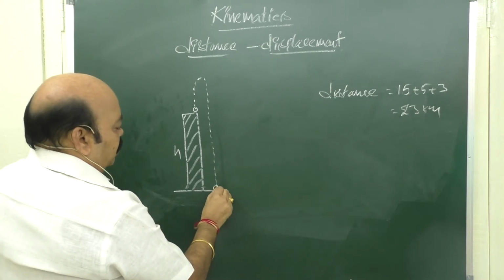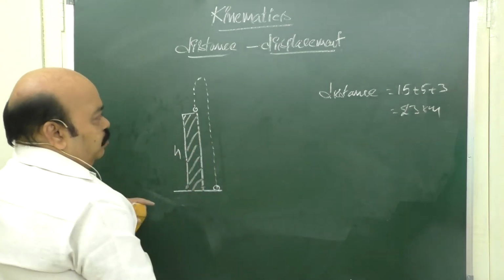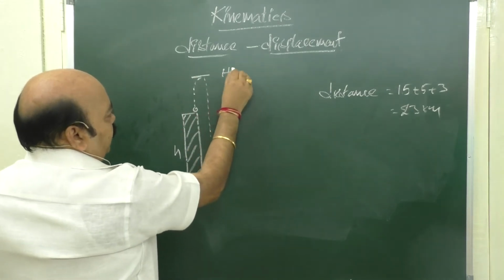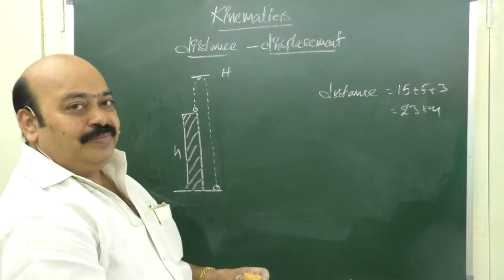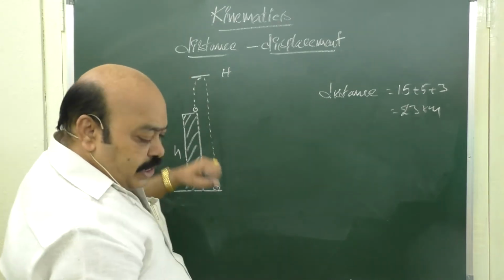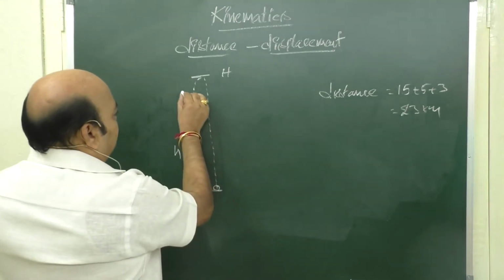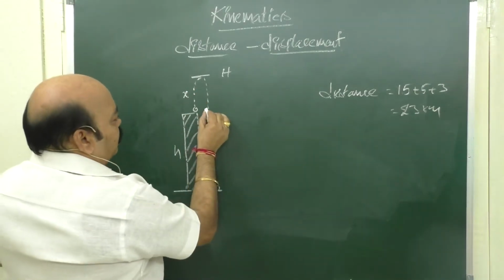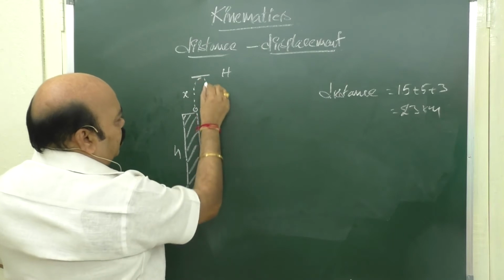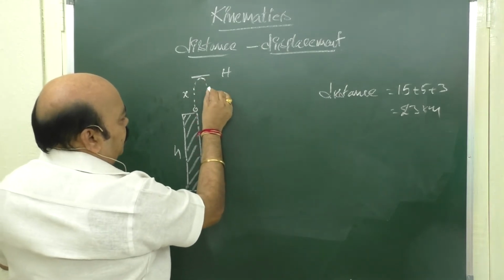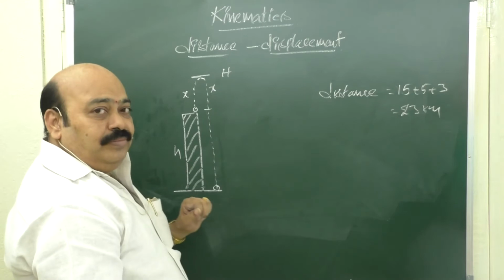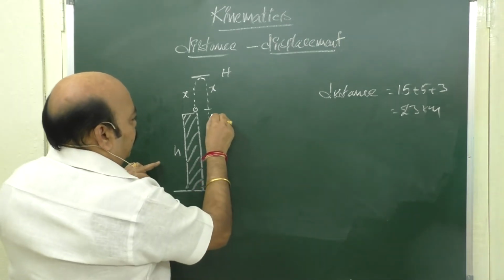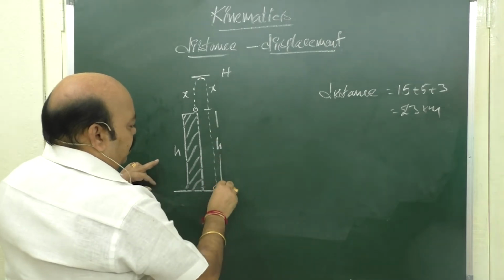Say this is the final position of the body, whereas this is the initial position, and this is the maximum height, represented by capital H. While going upward, it travels a distance x. Of course, while coming down it also describes the same distance x. Coming to this one, it is clearly the height of the tower.